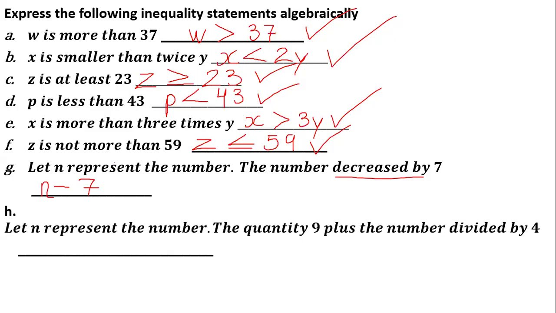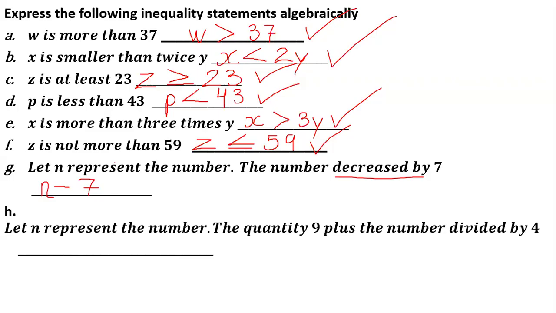Give him a chance. What do you think, Aiden? I think n minus. Wait, no. Yeah, I don't know. You don't know.